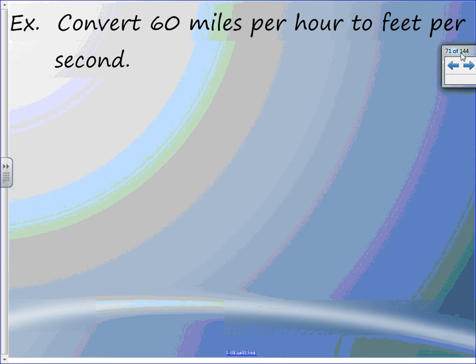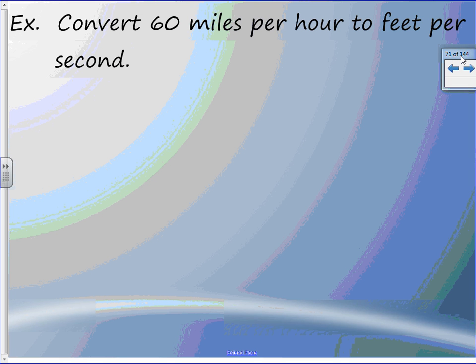Okay, now we get to where this really becomes a necessity, where you just might not have needed that before. So we're going to calculate how many miles per hour, well, in this case 60, would become how many feet per second. So the first thing you're going to do is discover what conversion factors you need.